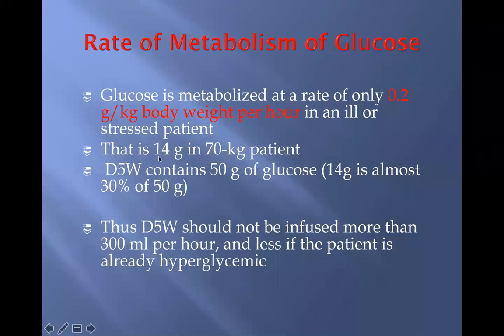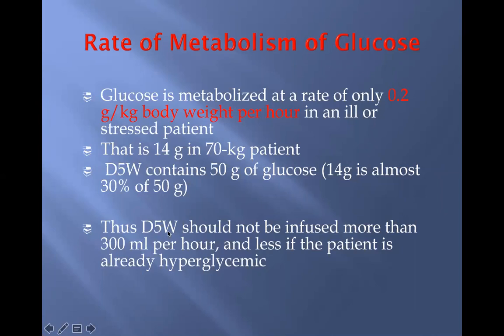So about 14 gram of glucose is metabolized in a 70 kilogram body weight patient, while the 5% dextrose contains 50 gram of glucose. So this number 14 is almost about 30% of this 50.